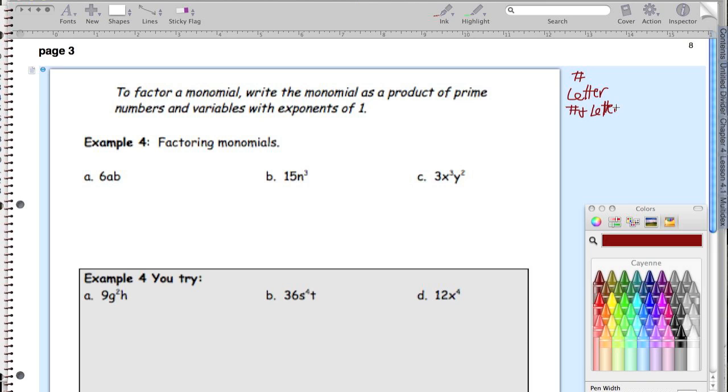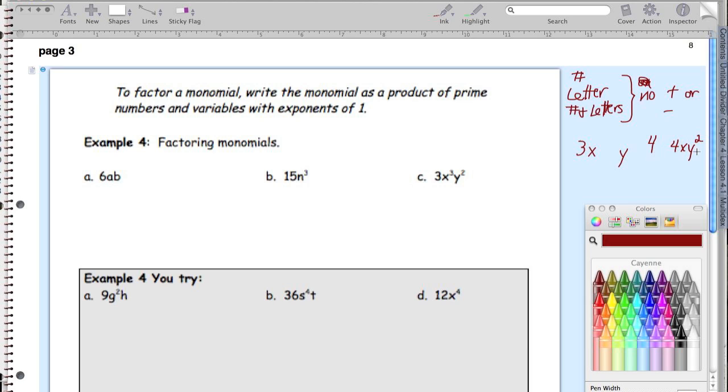The key here is that there are no addition or subtraction signs. Meaning it's like a big clump, like 3x is a monomial, y is a monomial, 4 is a monomial, 4xy squared is a monomial.